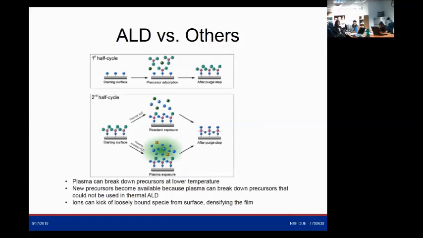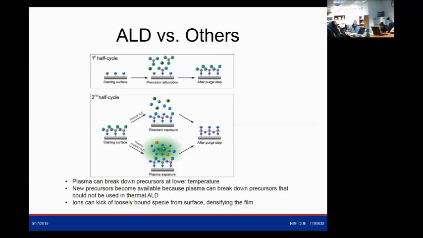And these are just details, but by the way, you can also use plasma in ALD. So now researchers, I will take you to the clean room, and then you will see that there's a plasma enhanced ALD as well. Why? Because you need to improve the throughput. You need to increase the kinetics of the reaction.